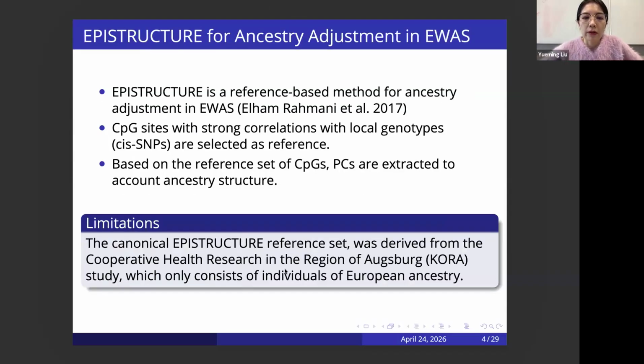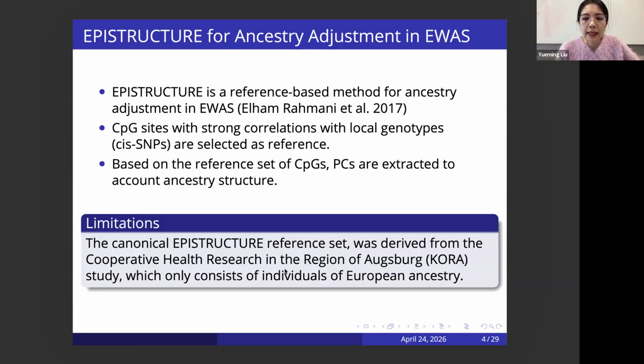The commonly used method is EpiStructure. It is a reference-based method for ancestry adjustment in EWAS, which was developed by Rahmani's group. The key concept is that CpG sites with strong correlations with local genotypes, cis-SNPs, are selected as the reference.